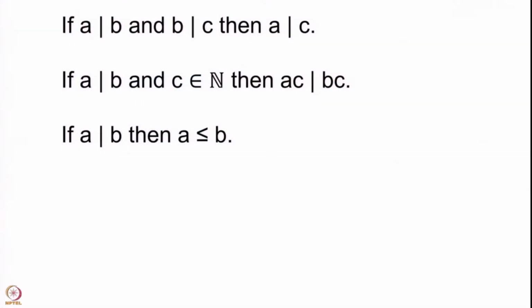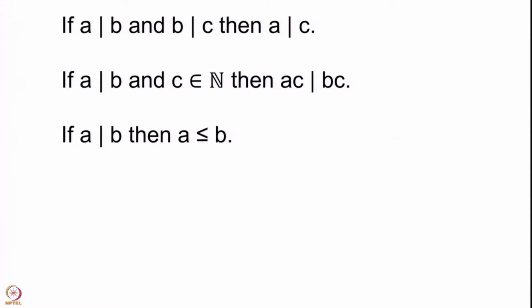So, before going to do that, let us again warm up ourselves with some very basic properties of divisibility. I am going to list them on the next page, and just like the last lecture, we will try to prove them one by one. Okay? These are the three properties. What does the first property say?